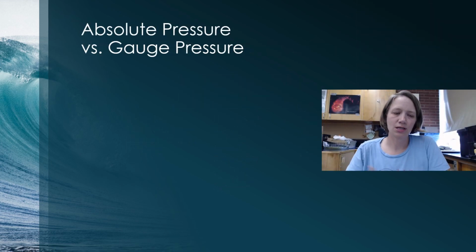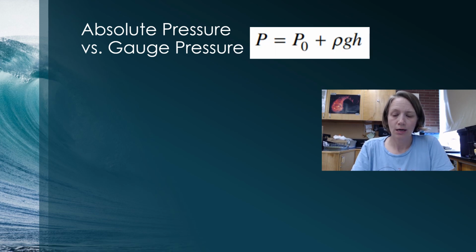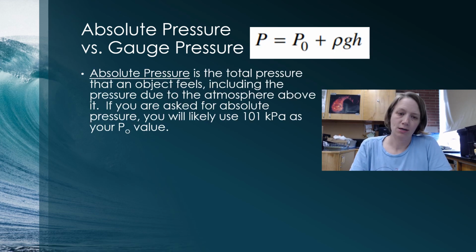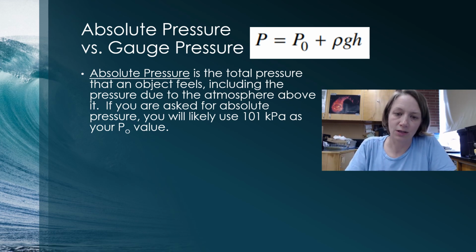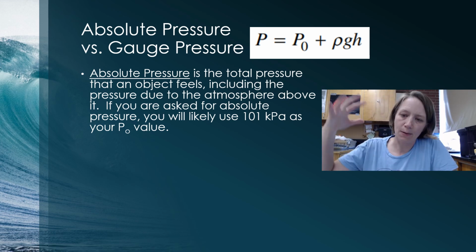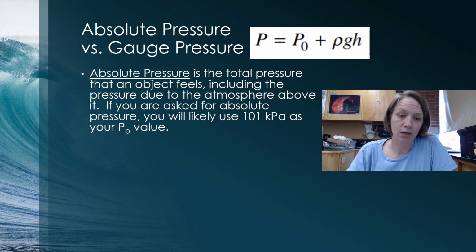The last thing you need to know about hydrostatic pressure is a couple definitions. You may see the terms absolute pressure and gauge pressure. In this equation, the absolute pressure is the total pressure that an object is feeling. That includes the atmospheric pressure around us. So if you're asked for absolute pressure, you're probably going to be calculating P and substituting in 101 kilopascals as your P naught value.